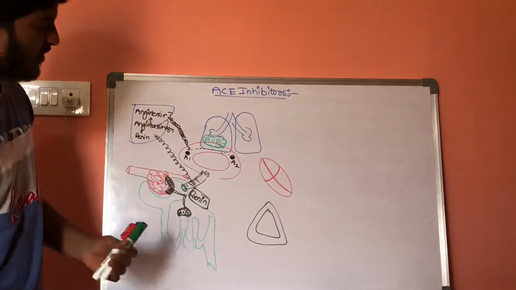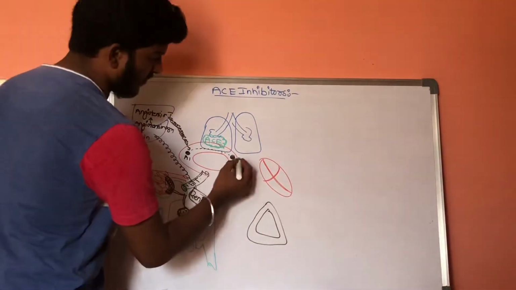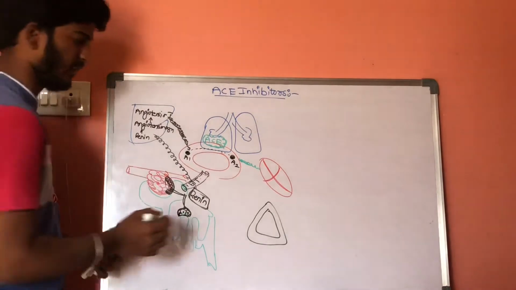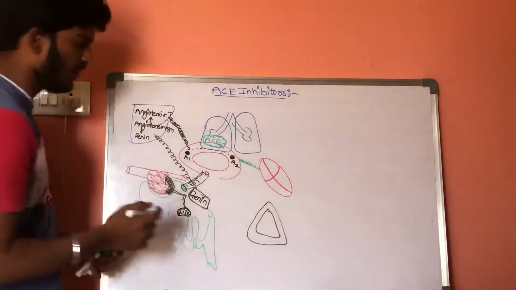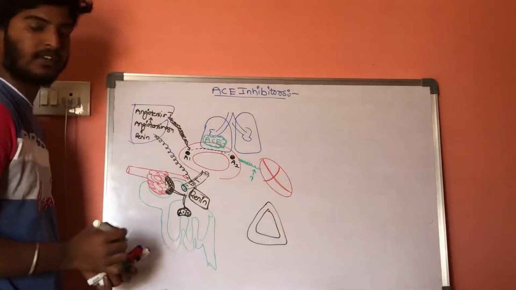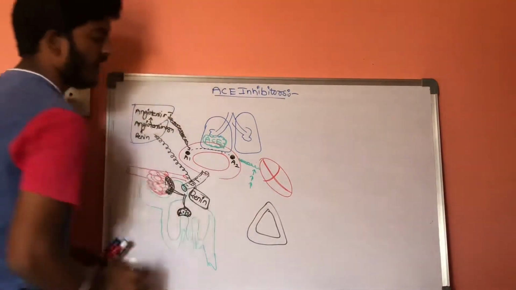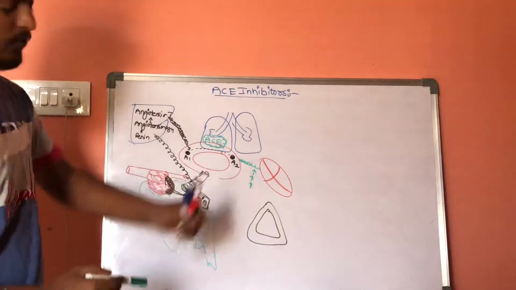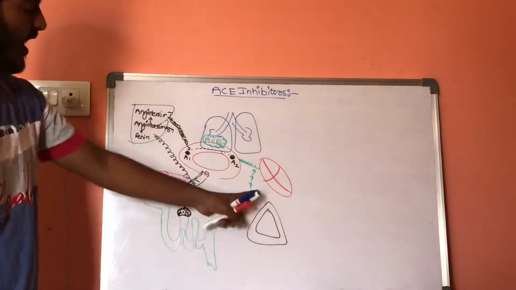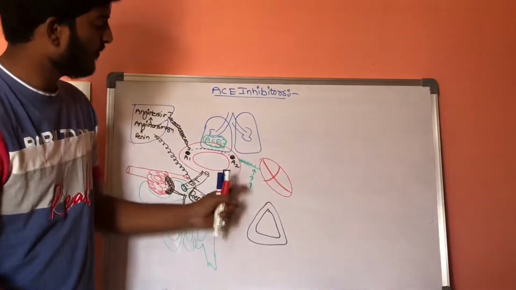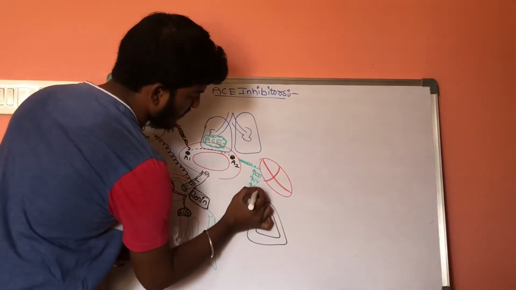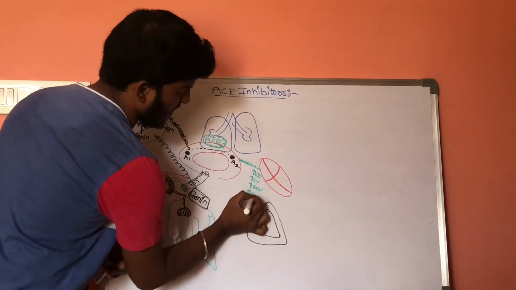Now, whenever this angiotensin 2 is secreted, it will show its action on the heart. That means it will increase the preload, and it increases the cardiac output and stroke volume. Cardiac output, stroke volume and end diastolic volume will increase and heartbeat will increase.